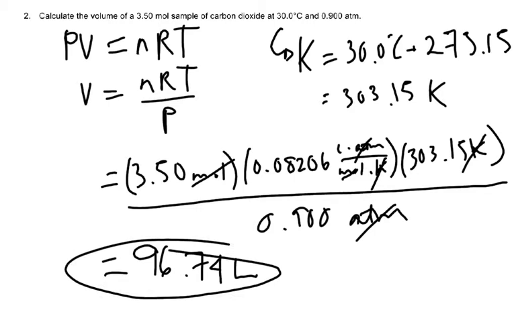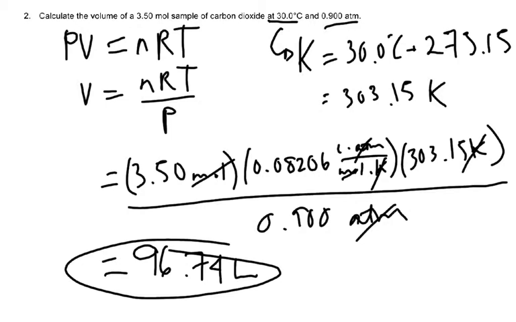Now you can even check yourself a little bit to see if this makes sense. You know that if you're using the ideal gas law, the molar volume at STP is going to be 22.4 liters. Now you can see that you have a higher temperature than that at STP, right?